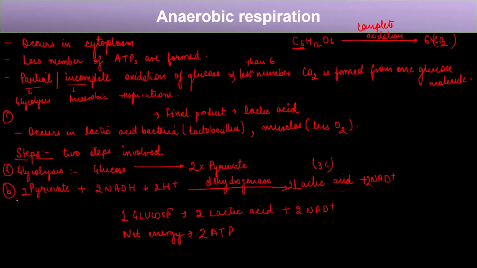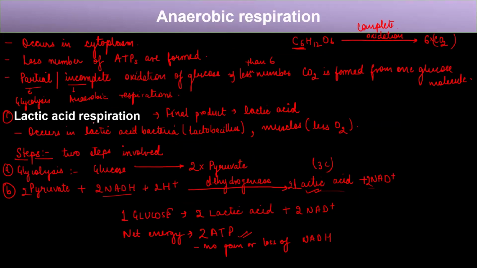But if you see in the second step, that is when pyruvate gets converted into lactic acid. Okay. So we were studying anaerobic respiration, and in the case of lactic acid respiration, the final product that is formed is lactic acid.